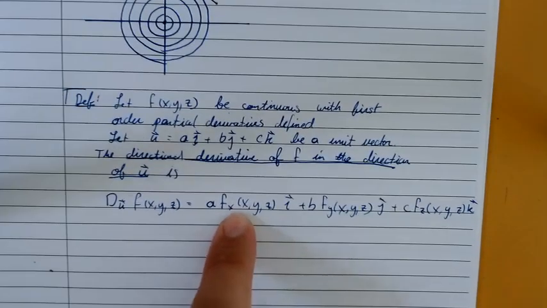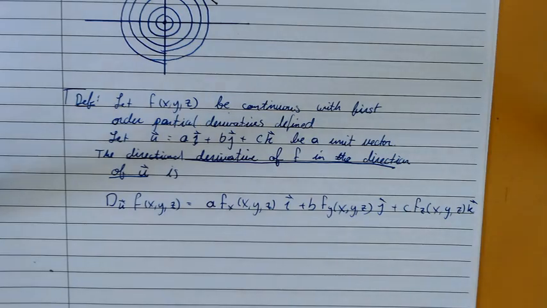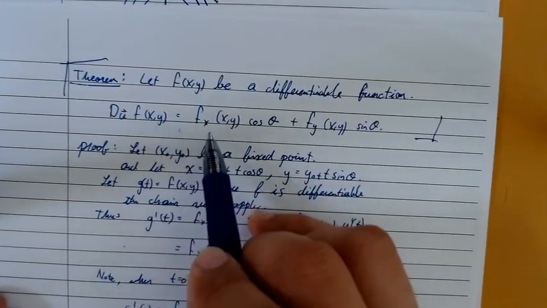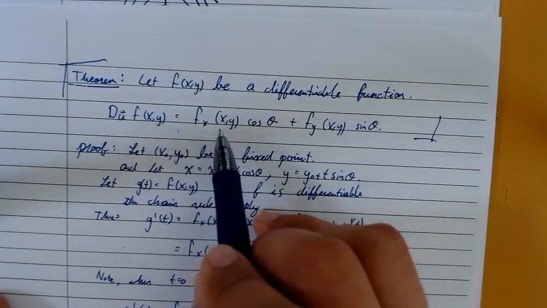Note this is an extension of the definition that we had for the directional derivative of a single variable, where here we see, well, I guess this wasn't the definition, right? The definition involved a limit. Here was our first theorem that showed us how to conveniently calculate it.